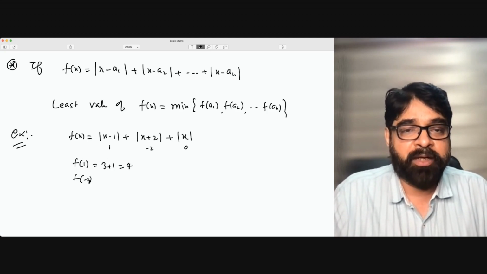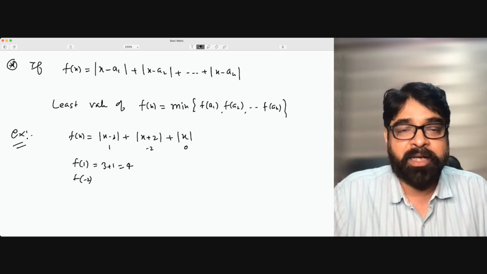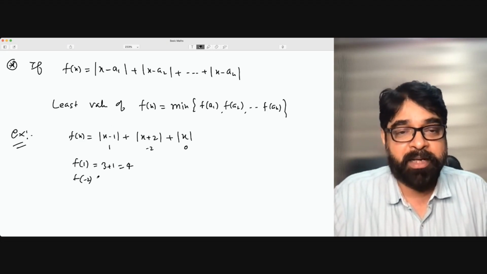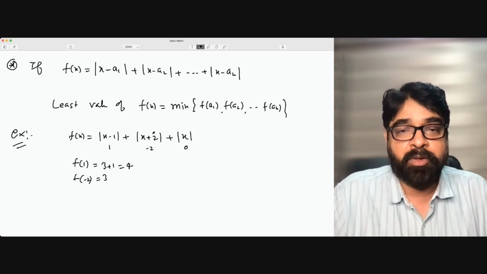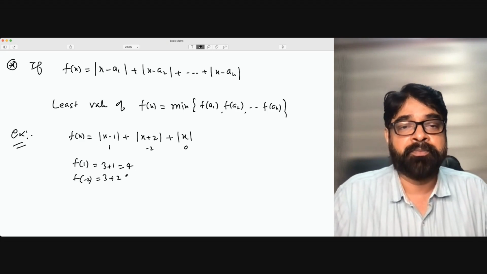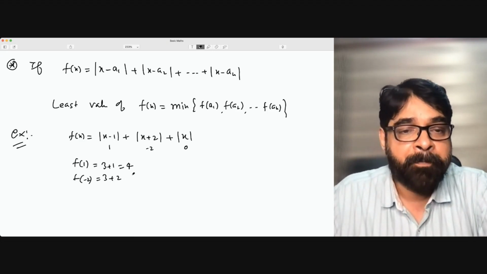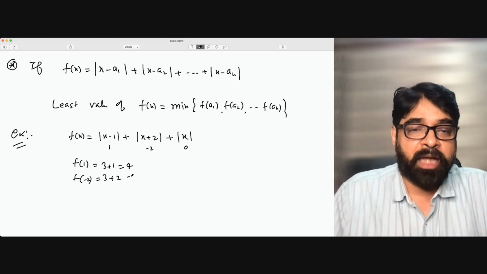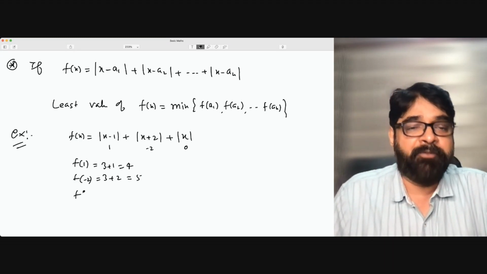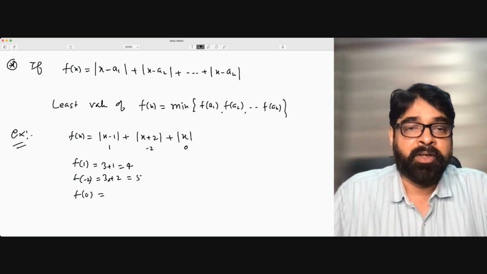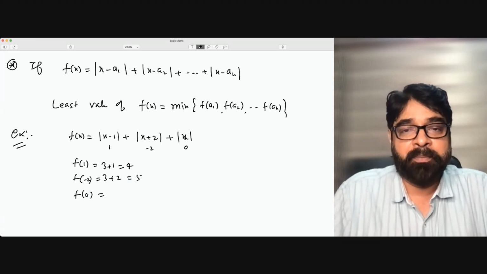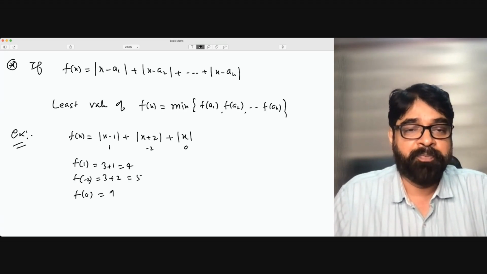Calculate f(minus 2). Mod of minus 2 minus 1 means mod of minus 3. Mod of minus 3 will be what? 3, 0, and this will be 2, so that will become 5. f(0) I will calculate: 1 plus 2, 3, plus 0, means 4.